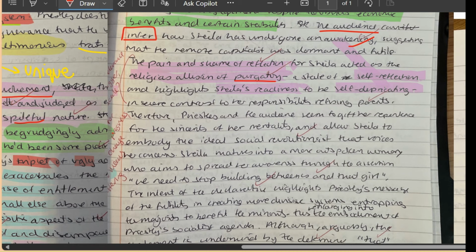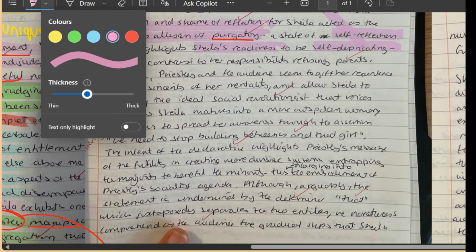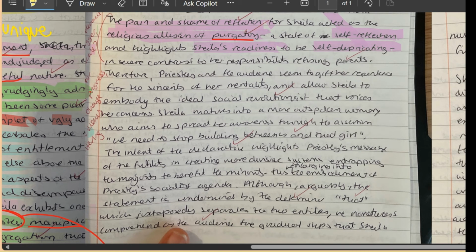In severe contrast to her responsibility, refusing her parents. Therefore, Priestley and the audience seem to gift her repentance for the sincerity of her mentality and allow Sheila to embody the ideal social revolutionist that voices her concerns.